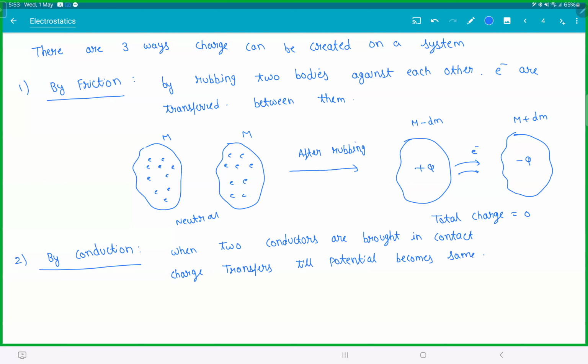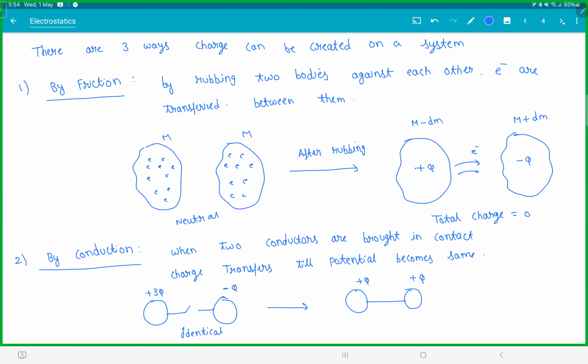Just like if you bring two containers with water together, the water will flow till the heights become the same. So if you take two identical containers, let's say this guy is plus 3q and this guy is minus q, and the moment you connect the switch, the total charge is 3q minus q, which is 2q, so plus q and plus q. I'm taking identical, so the charge will divide equally, but if they're not identical, we'll see how to do it later on.